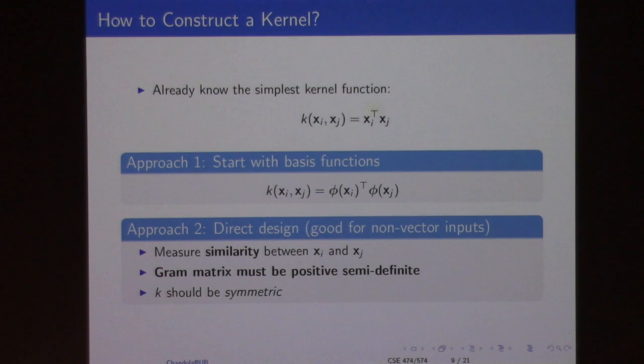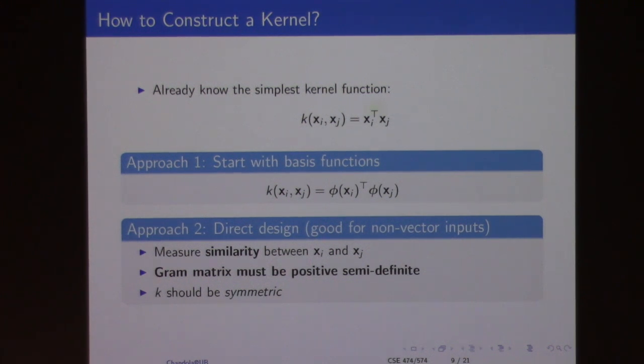So what is a good kernel function? Can it be anything? The quick answer to that is no, it cannot be any arbitrary function. It needs to follow certain properties. Of course, we have seen one kernel function, which is just the inner product, which will basically give you the same value, right? I mean, this is linear regression.